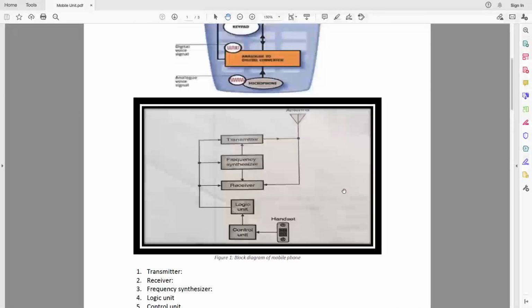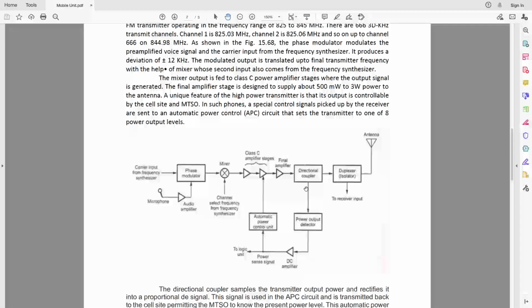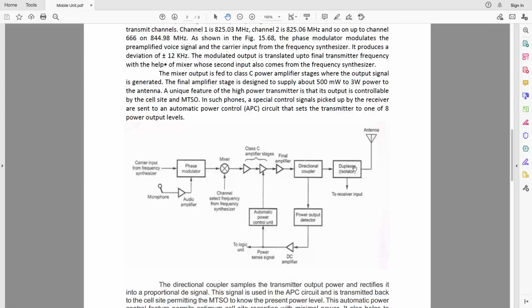We have already seen that a single antenna is connected to the transmitter and also the receiver. But here a duplexer is present. So what is the function of the duplexer? The duplexer connects the antenna either to a transmitter or to a receiver. So the signal coming from the transmitter is applied to the duplexer.